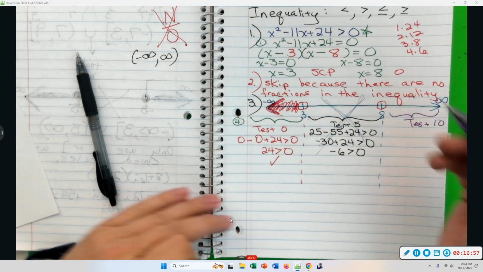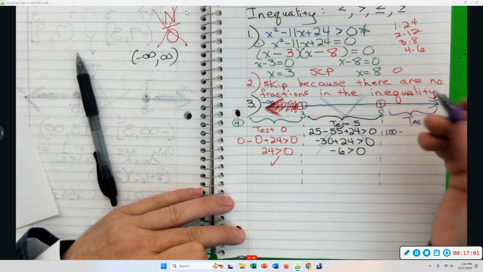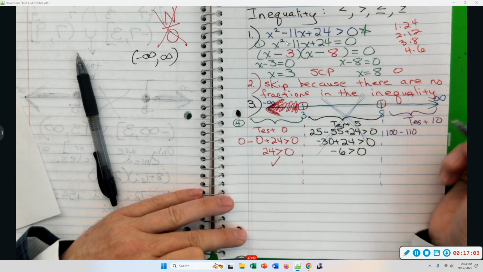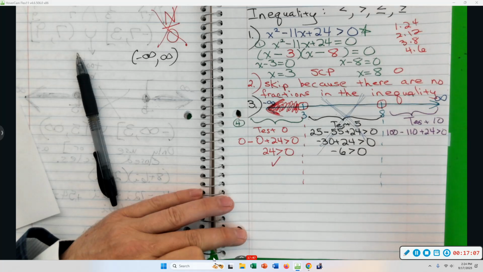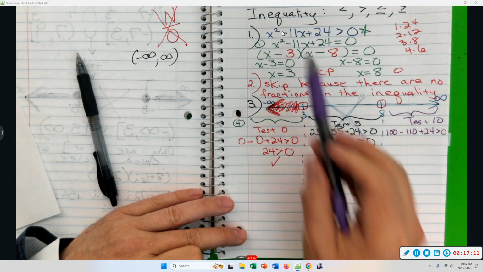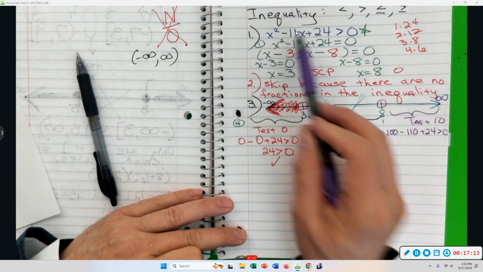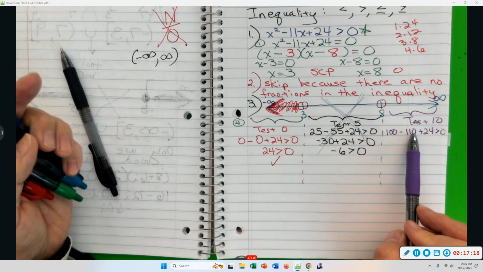10 squared is 100, minus 11 times 10 is 110, plus 24 is greater than 0. You see how easy it is to multiply by 10?